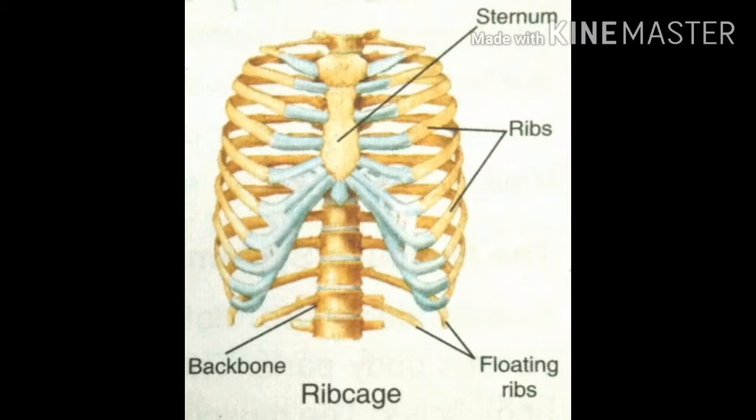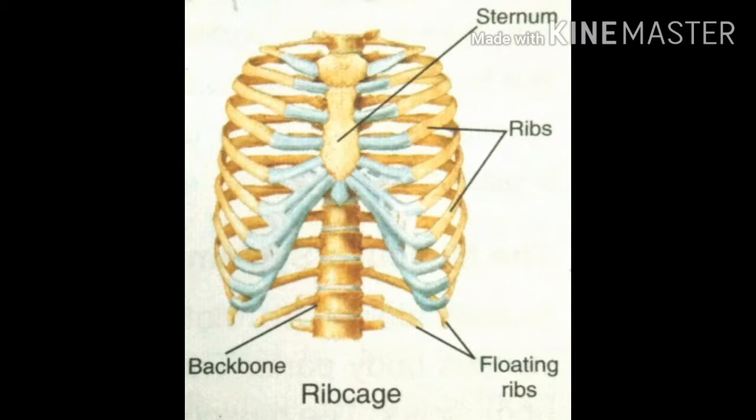The ribs are joined to the backbone at the back side, and to the long flat bone called the sternum, or chest bone, in the front. The last two pairs are called floating ribs because they are not joined to the chest bone.